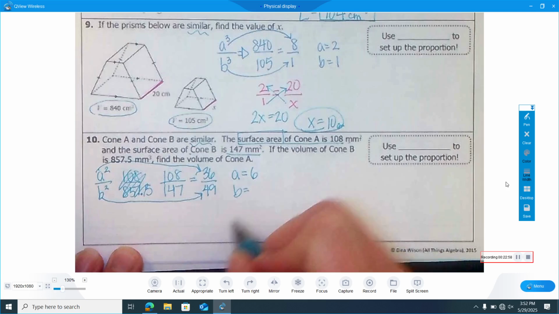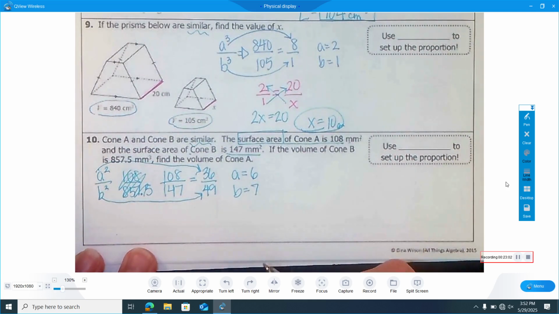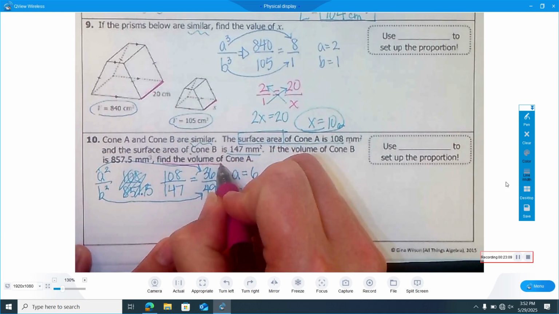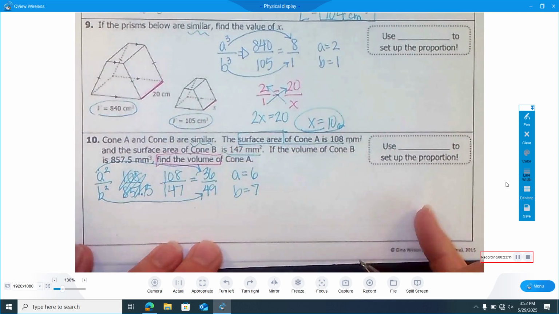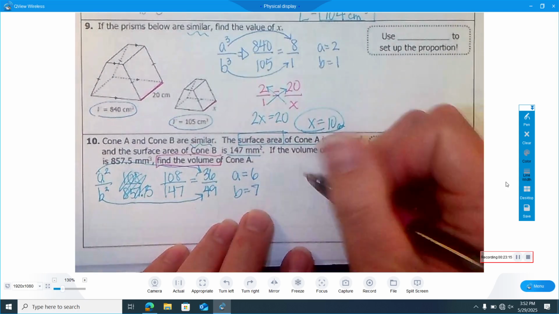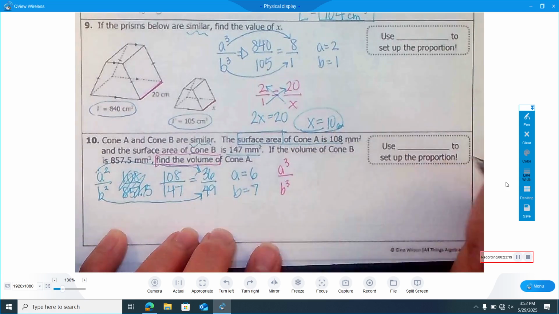And B must be 7. 7 squared is 49. So that helps me get my A and my B. But they want us to find volume. In order to find volume, I need to cube my scale factors. So I need A cubed over B cubed.